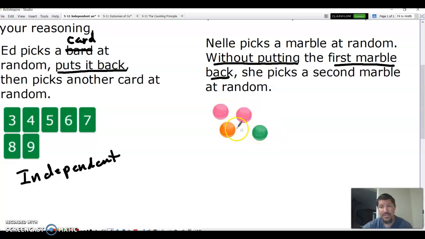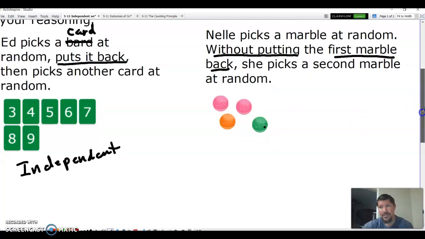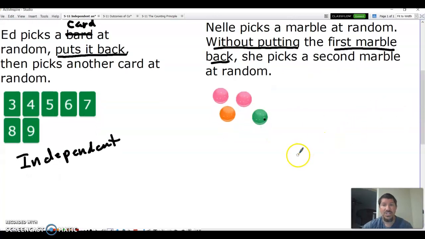She's increased the other probabilities to 1 in 3. If it was orange, then she's increased the probability of picking pink to 2 in 3, and green has increased to 1 in 3, but orange has decreased to 0 because there's none left. So in reality, the probabilities have changed by not putting it back. That makes it dependent.